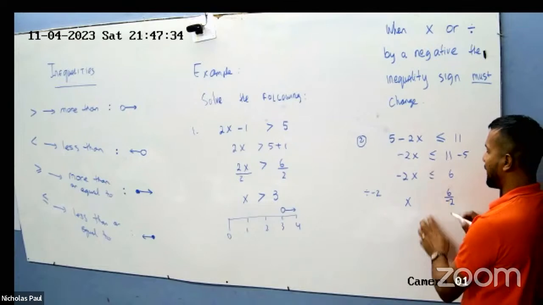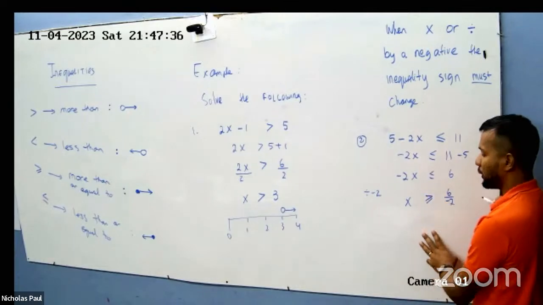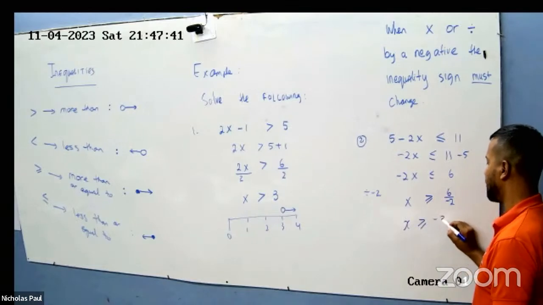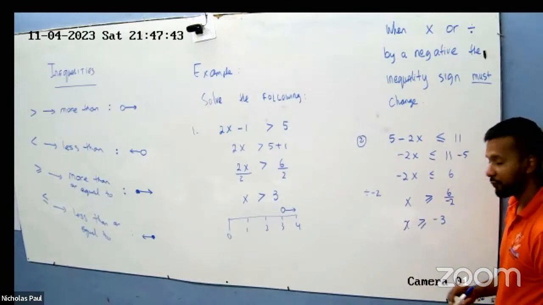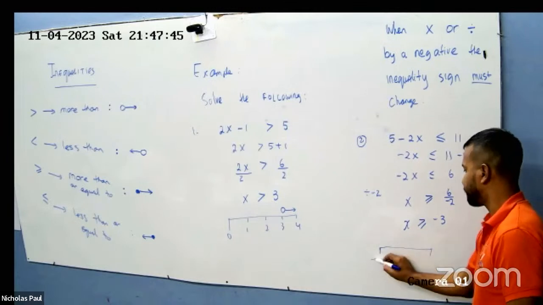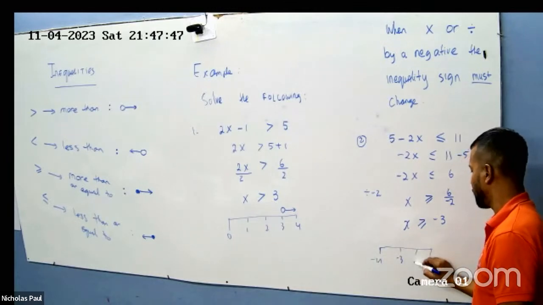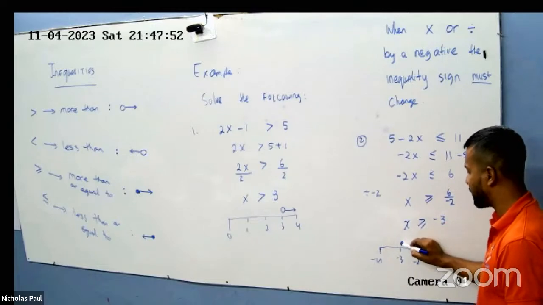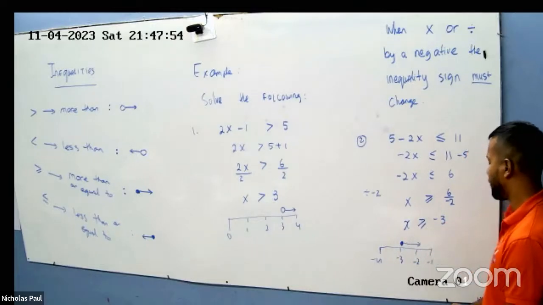So it's less than here, it'll become more than or equal to. So your answer is x is more than or equal to minus 3. Number line. Right? More than or equal to, so the solid circle to the right.